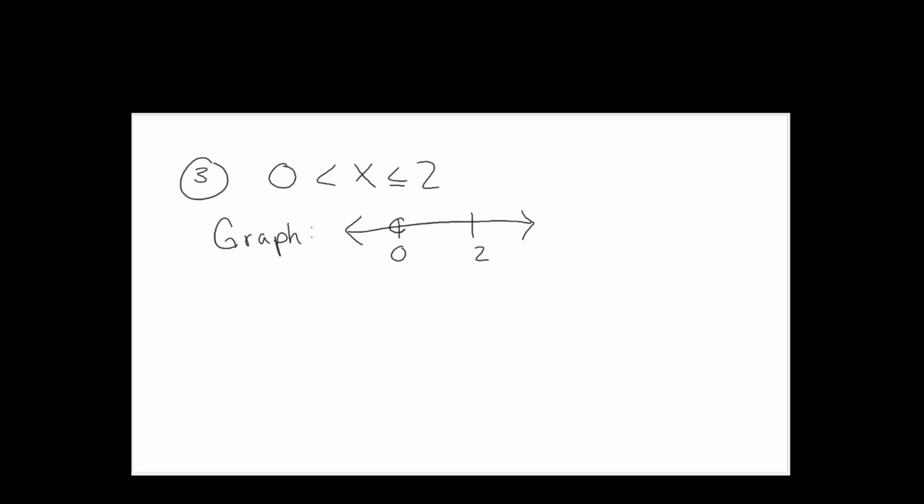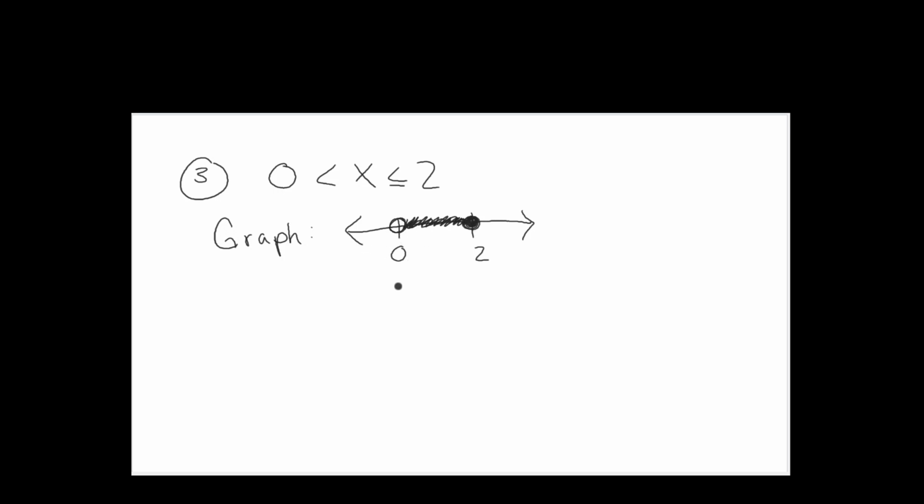0 is not being included, so we have an open circle because of that inequality. It's a strict inequality. X is less than or equal to 2. Now that or equal to means we are including that value, so we use the solid circle on the 2. And x is somewhere in between these 2 values, so there are infinite possibilities between these 2 little finite interval.